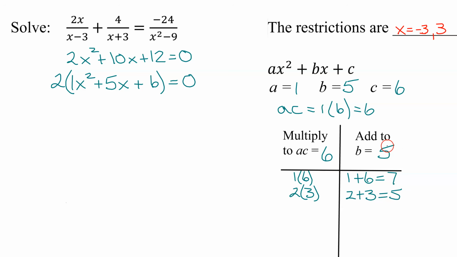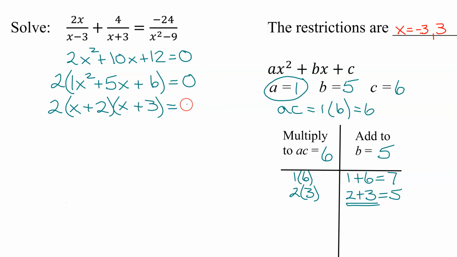Is that the number I'm looking for? Yes. Now, since a is 1, these are my factors. So I'm going to have 2 times the quantity x plus 2 times my other one, x plus 3, equals 0. So I factored my expression.